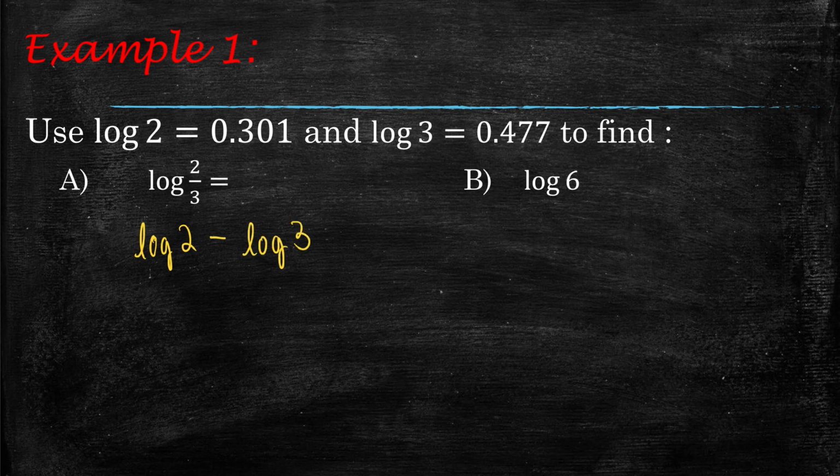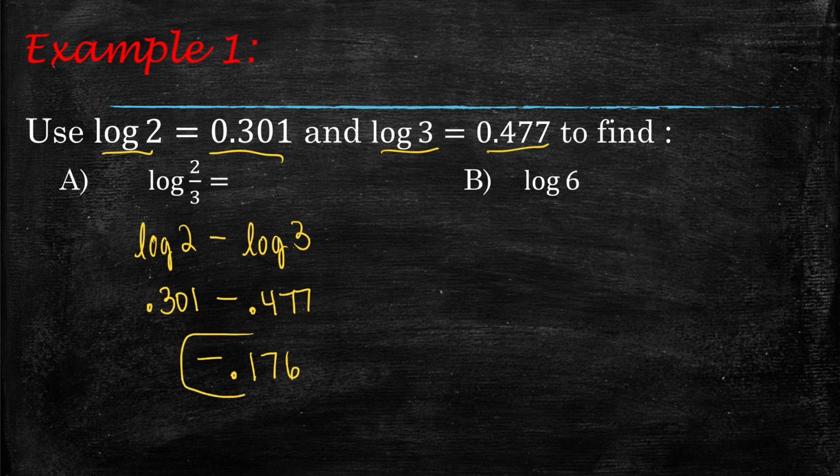And since we know what log 2 is, it's 0.301, we can just substitute that in, and we know what log 3 is, it's 0.477, and so when you subtract those, you get a negative 0.176, and so that's what the log of 2/3 is.